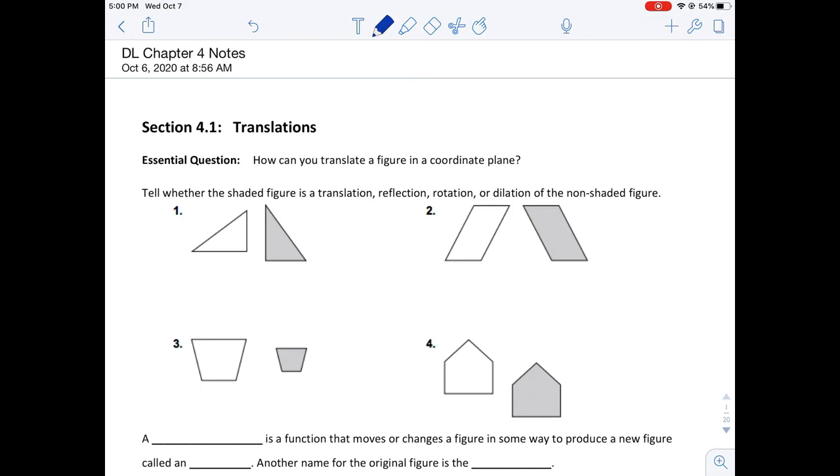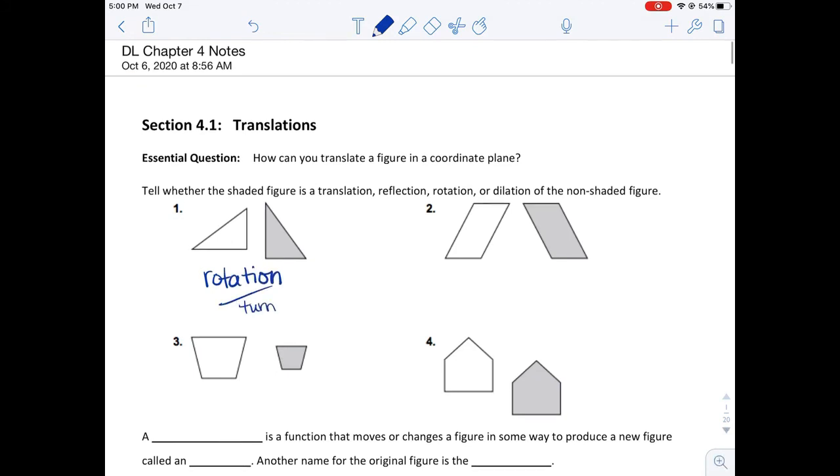And we're ready to check together. The first example is a rotation. It was just turned, so if turn is a word you like more at the moment, you can. The second one is a reflection. Another way of thinking about that is that it flipped over. The third example is a dilation. In this case, it shrunk compared to the original.